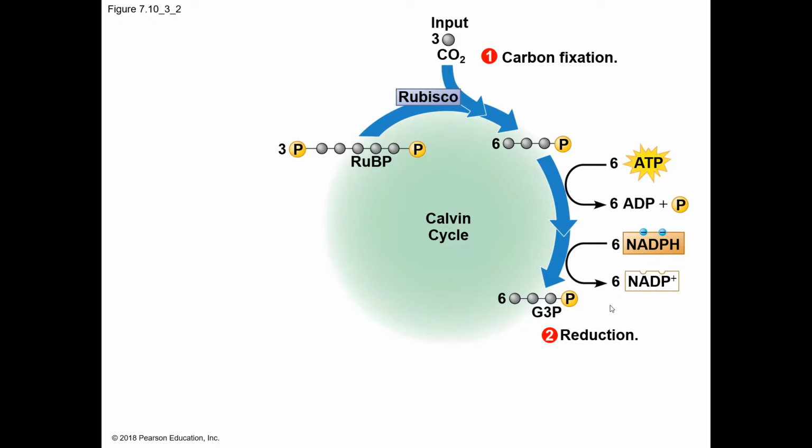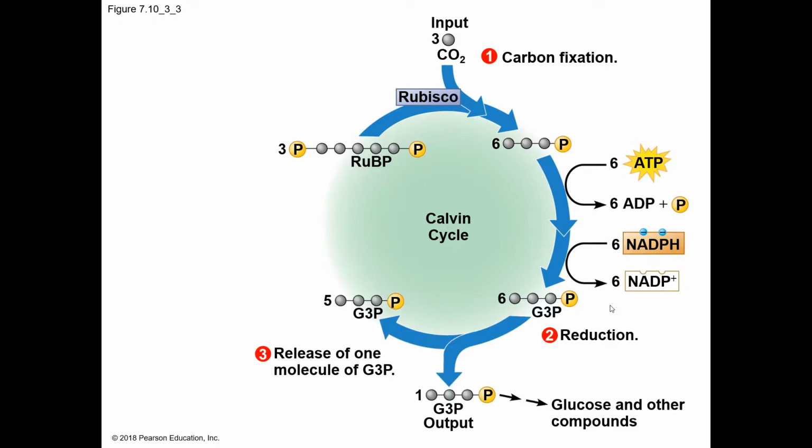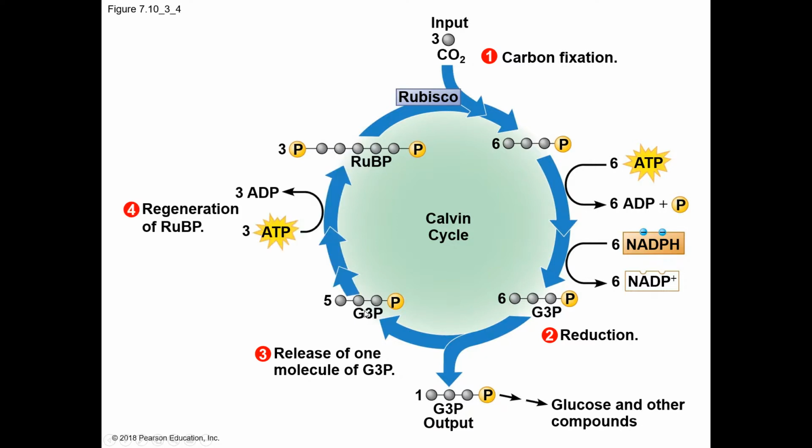Not quite. In fact, when we make 6 of them, only one of them is released. And that one G3P can be used to make glucose or other stuff. But the other 5 G3Ps are actually used to regenerate RuBP. And this step actually uses a little ATP as well.